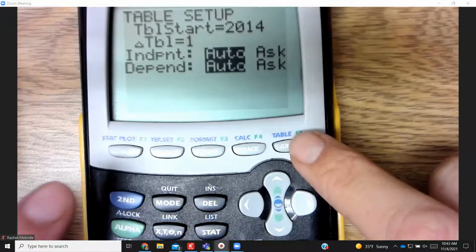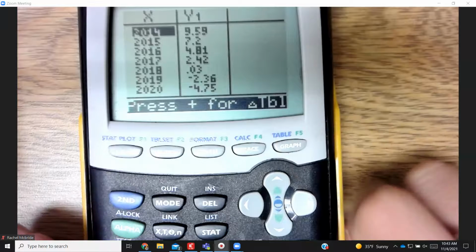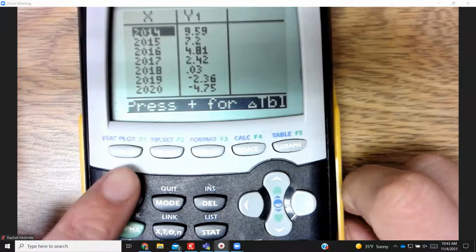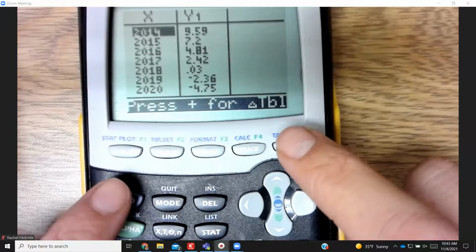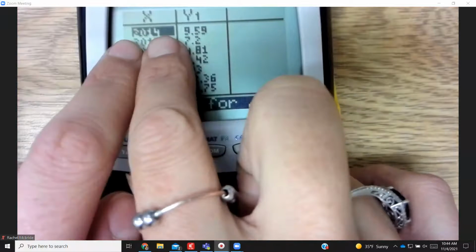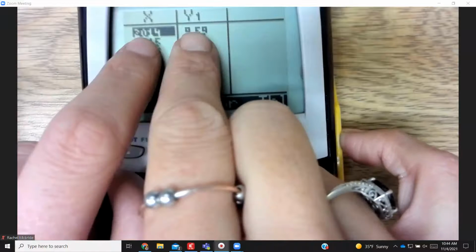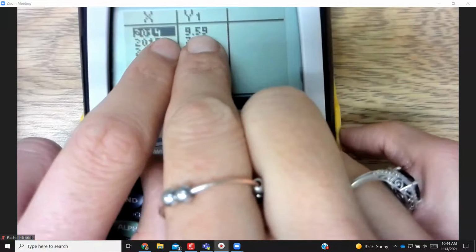And then hit the word second and graph again to get back to the table. So what that means is your calculator plugged 2014 in to the equation, and that's the answer.